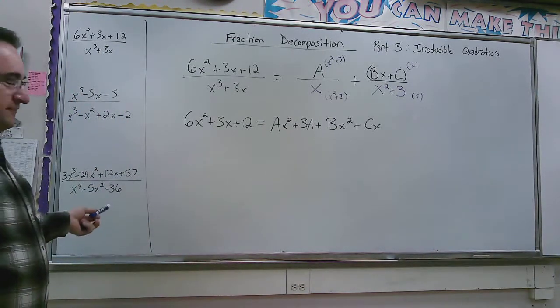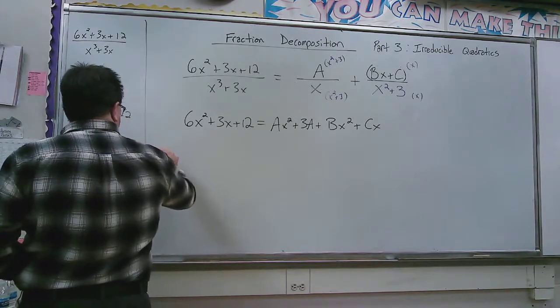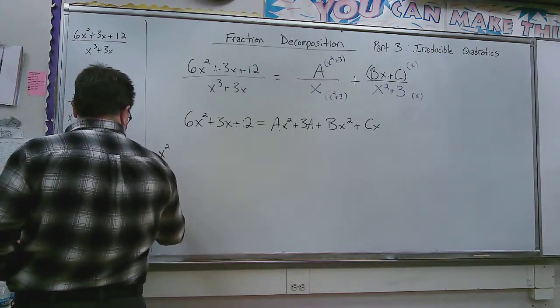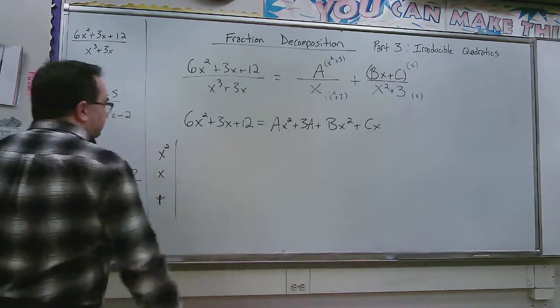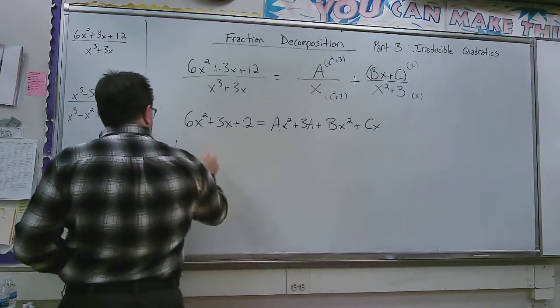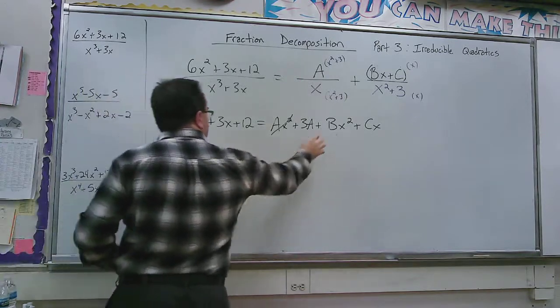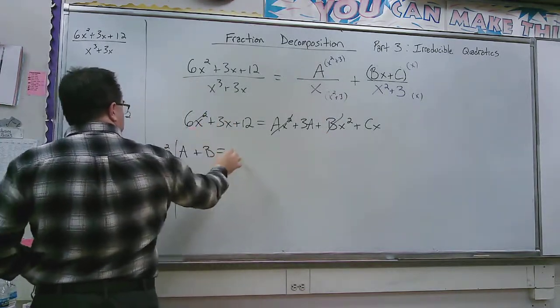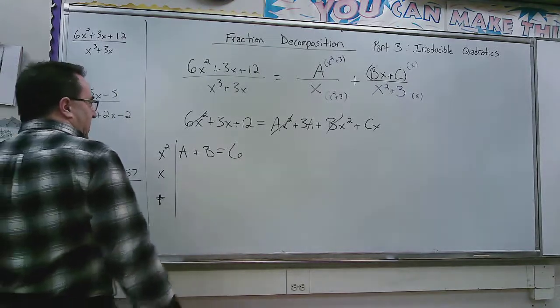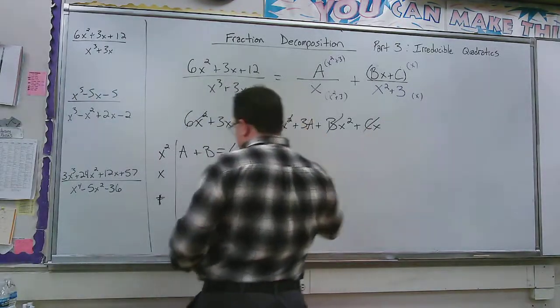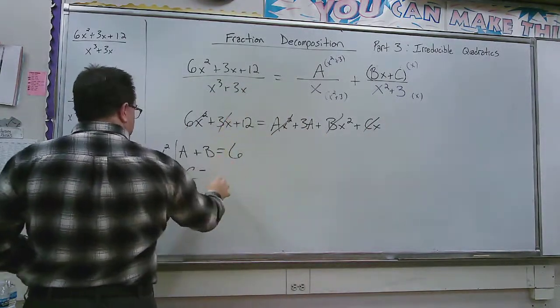So then from that we have to create our system. We're going to have an x squared equation, an x equation, and a constant equation. So we know that A plus B ends up equaling 6. And we know that C ends up equaling 3.